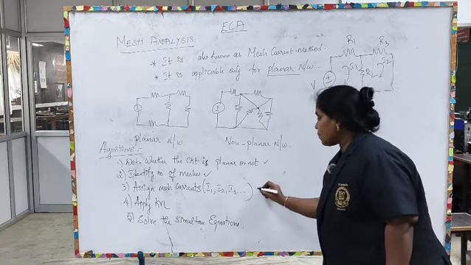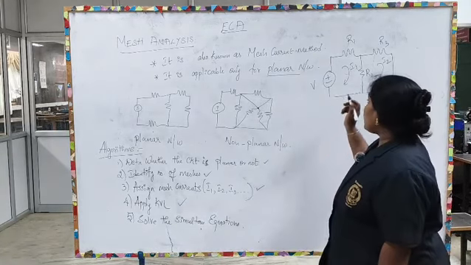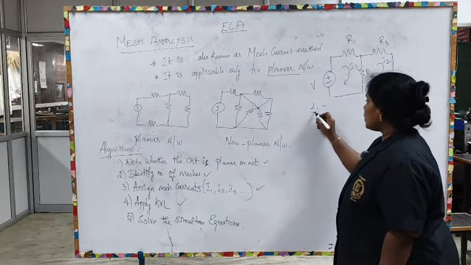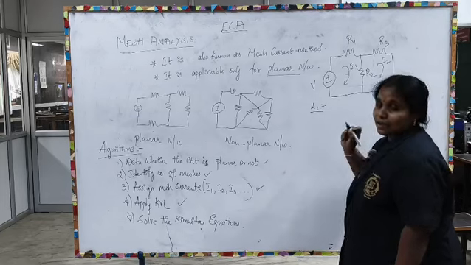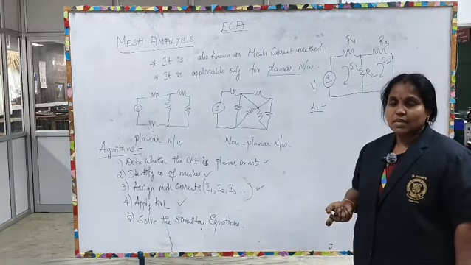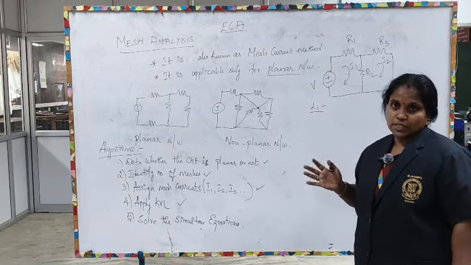The next step is to apply the KVL equation for each mesh. For example, for mesh 1 or loop 1, we are going to write a KVL equation. As you know, KVL says that the algebraic sum of voltages around a closed loop is equal to 0.